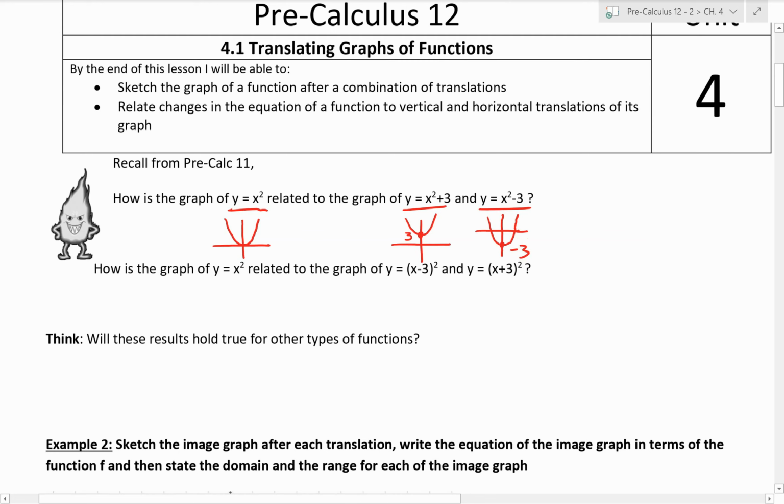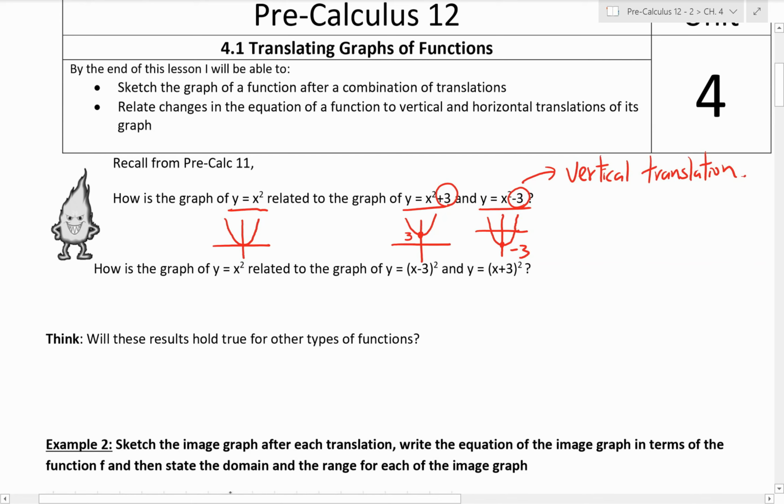Okay, so how are they related? Really, the plus 3 and the minus 3, these two talk about vertical translation. So it's either move up or move down, depending on whether it's plus 3 or minus 3, or whatever the number is.